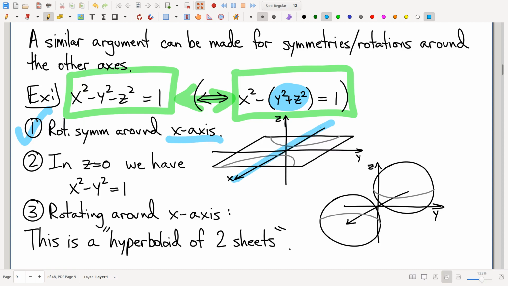Pick your favorite plane containing the x-axis. Again, you have a lot of options. Suit yourself. I'm choosing the xy plane here, but I could just as well have chosen the xz plane instead if you prefer.